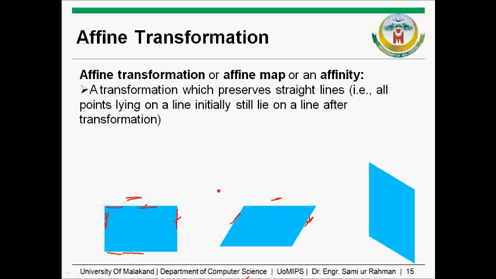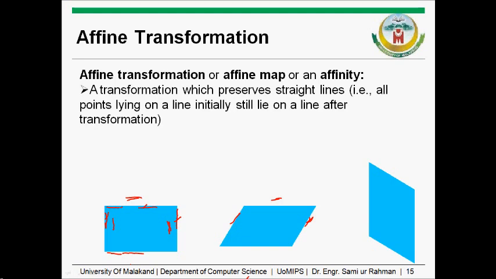Let's say you have some line here and another line inside the object is here, and these are parallel in the original object, and if these lines are not parallel after transformation, then we cannot call it affine transformation. But if every line which is parallel in the original object is also parallel in the object after transformation, then we call such a transformation an affine transformation. Okay?